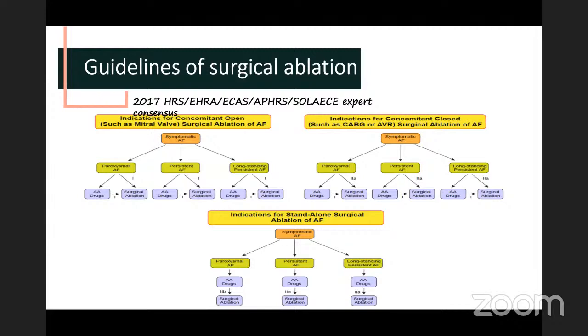When you look at standalone surgical ablation for symptomatic AFib, with persistent and long-standing persistent atrial fibrillation, it's class 2A to do standalone ablation, and for paroxysmal AFib, it's class 2B. This is according to the 2017 European expert consensus.